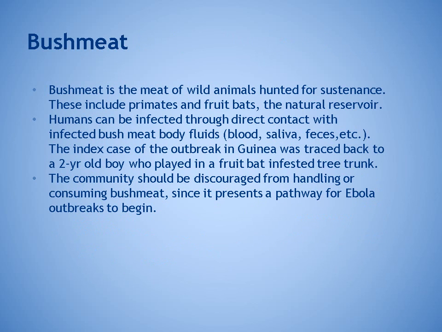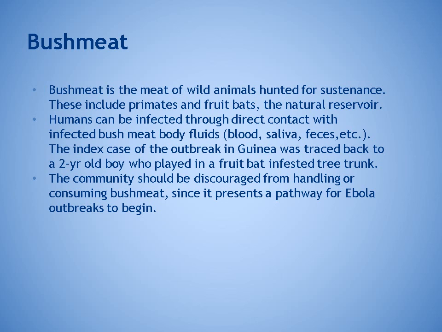Bushmeat is the meat of wild animals hunted for sustenance. These include primates and fruit bats, the second of which is thought to be the natural reservoir for the Ebola virus. Humans can be infected through direct contact with the body fluid of these bushmeat animals.